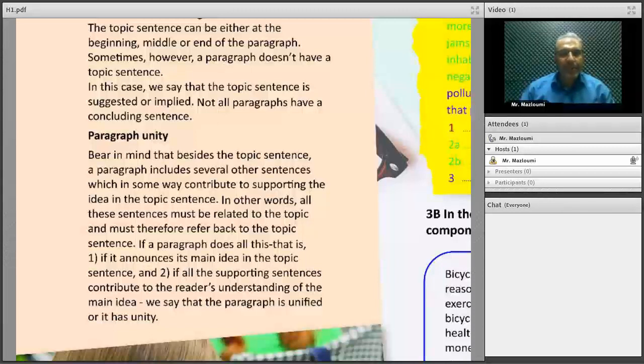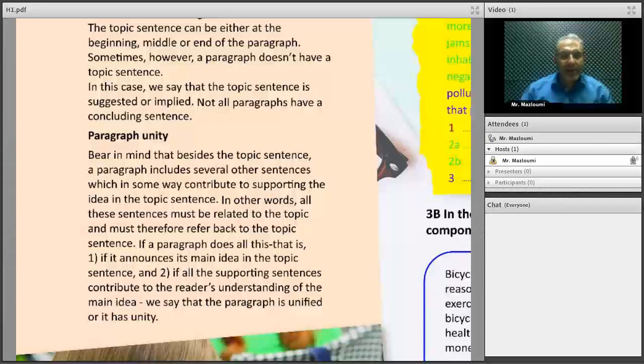They help, they contribute. So, there is a topic sentence plus some other sentences. What is the aim or the goal of the other sentences? They try to contribute, help, and support the idea in the topic sentence.